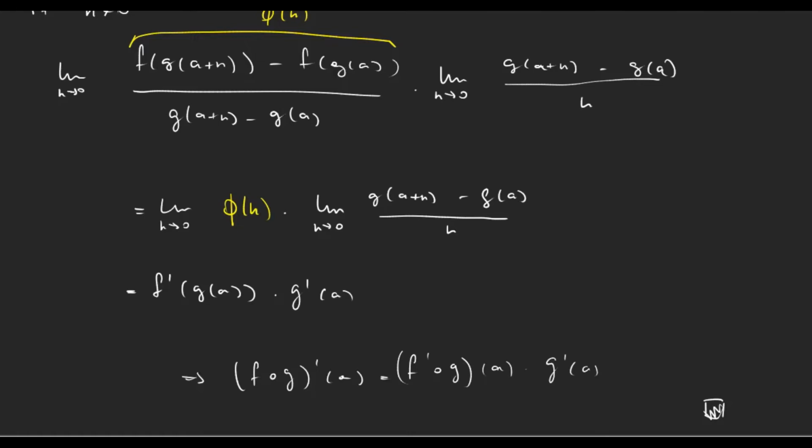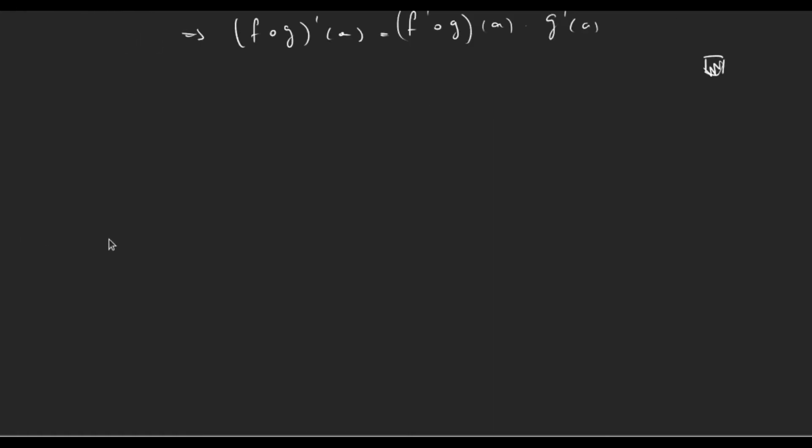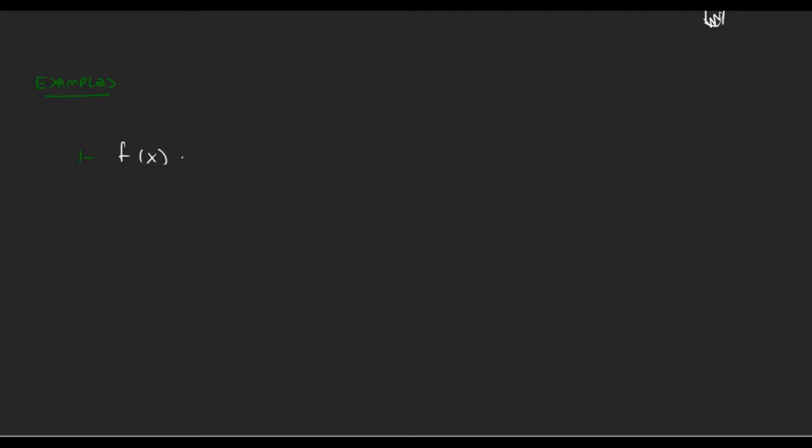So before continuing with implicit differentiation, let's have a look at two examples. In the first example, we're going to have to find the derivative of f of x equal to the sine of x squared. So when we see this function, we can differentiate two things.